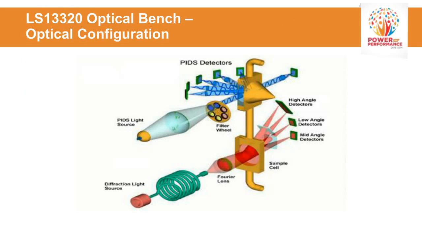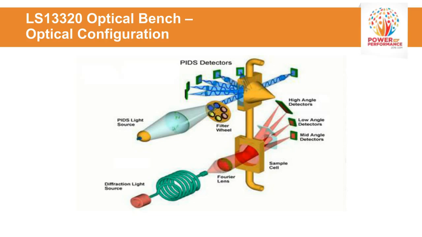Briefly, this is a layout of the optics. In this area here, we have the binocular optics, and then our low-angle detector, which I'll show a picture of in detail a little bit later. The upper section of the instrument is what we call PIDS optics.